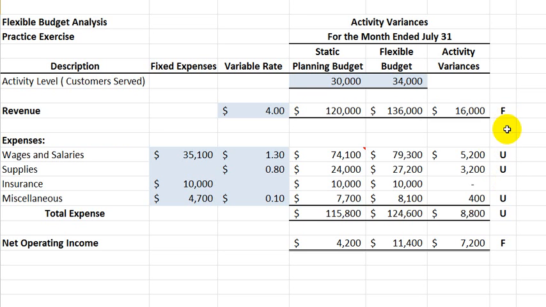So this analysis would tell us the favorable and the unfavorable elements to the activity variances, and in this case we have a net operating income favorable net activity variance of $7,200. Hope this is helpful in explaining the differences between the flexible budget and the static budget that generate activity variances.